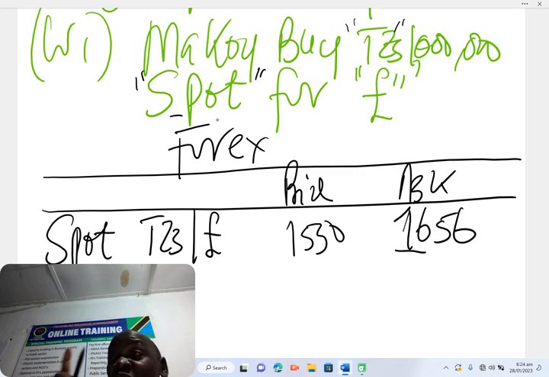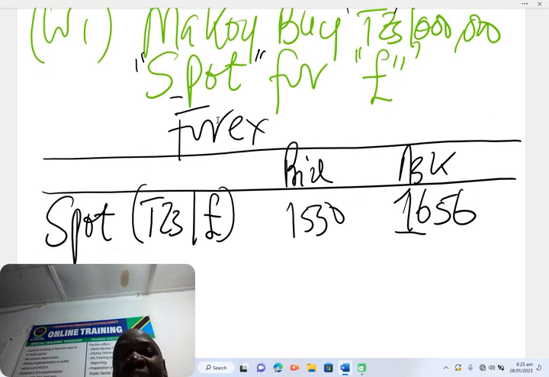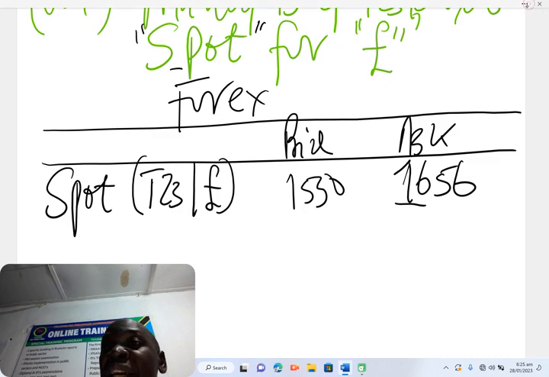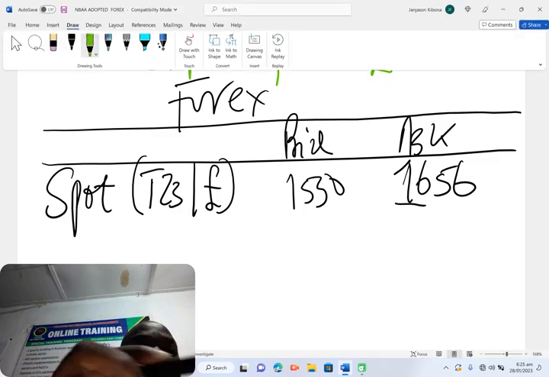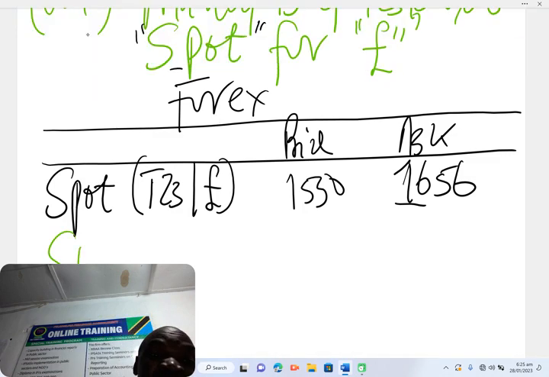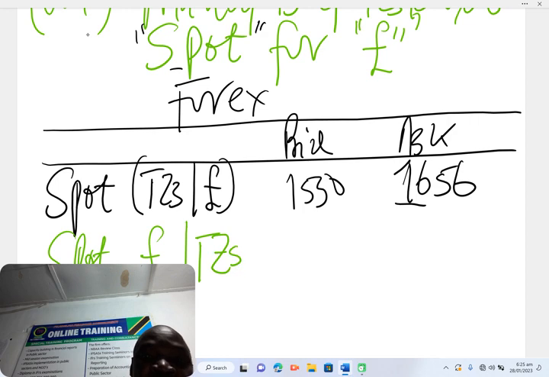Now, as I told you, you must go to the risk block of the quotation to have a place where TZS is a trading currency against pound. So I change the color of this quotation. I just write the same spot rate. Here I write pound stroke TZS.